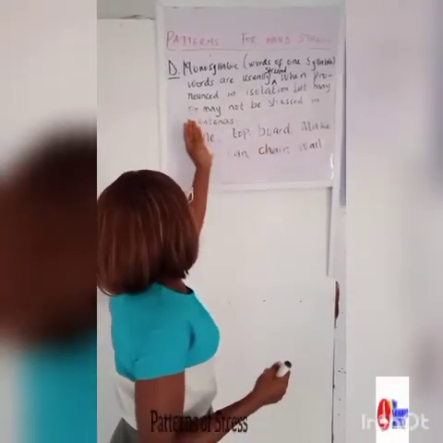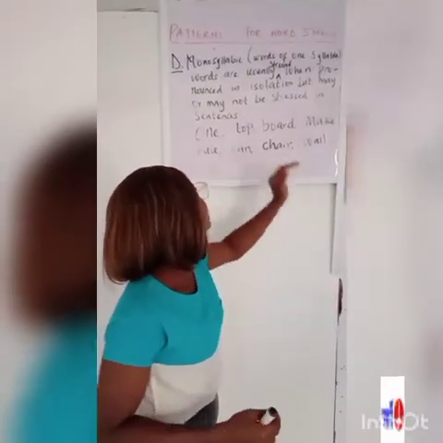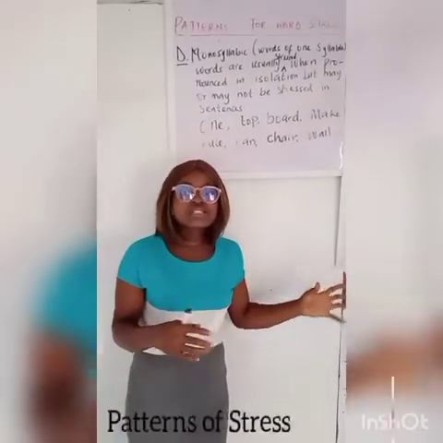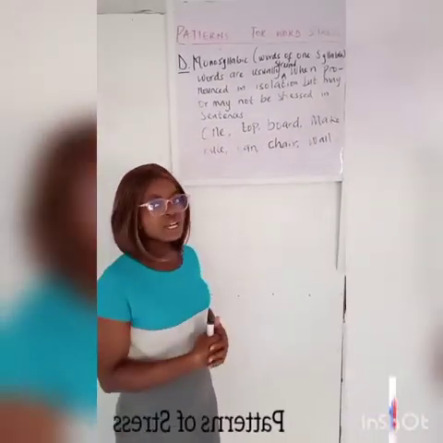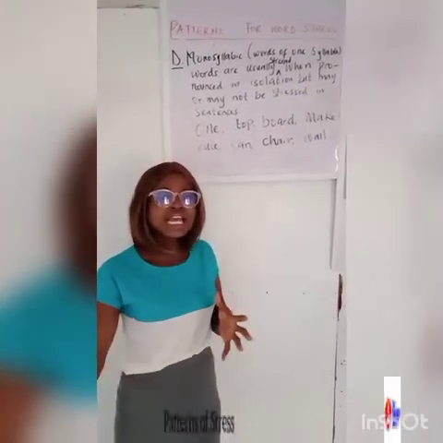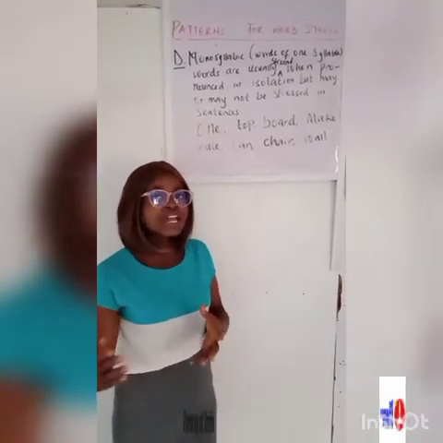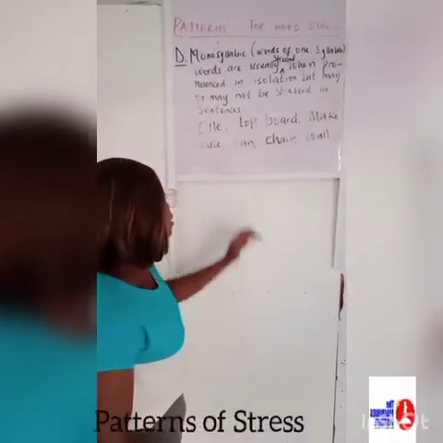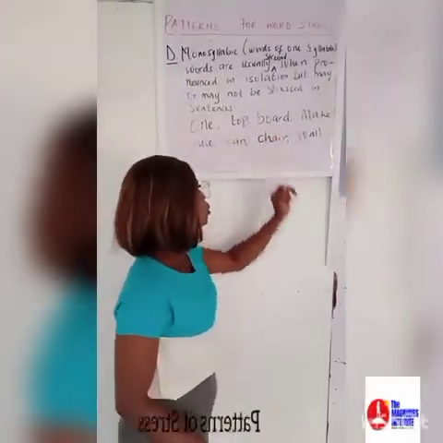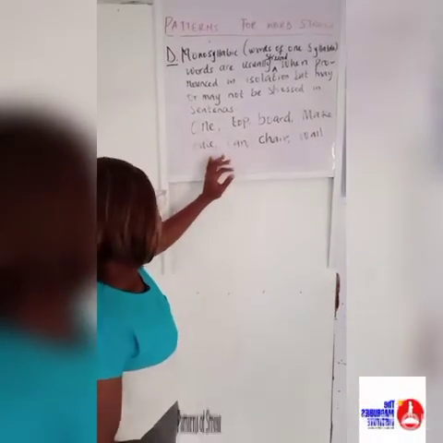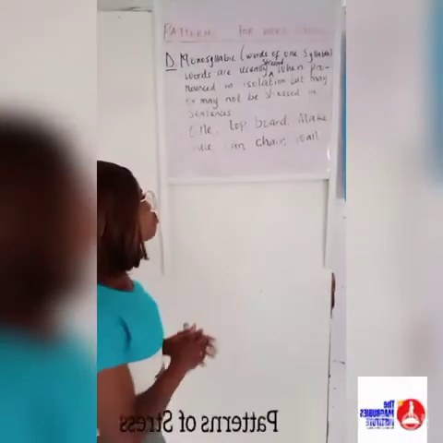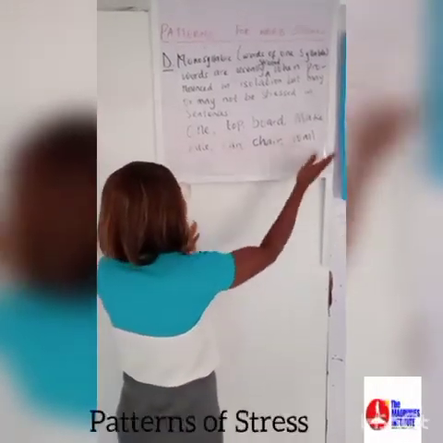But it may or may not be stressed in sentences. So such words may not be stressed in sentences, depending on the meaning you want to pass across in your sentence. So examples, we have one, top, board, make, rule, can, chair, wall. Let's assume you are listing some words like this.